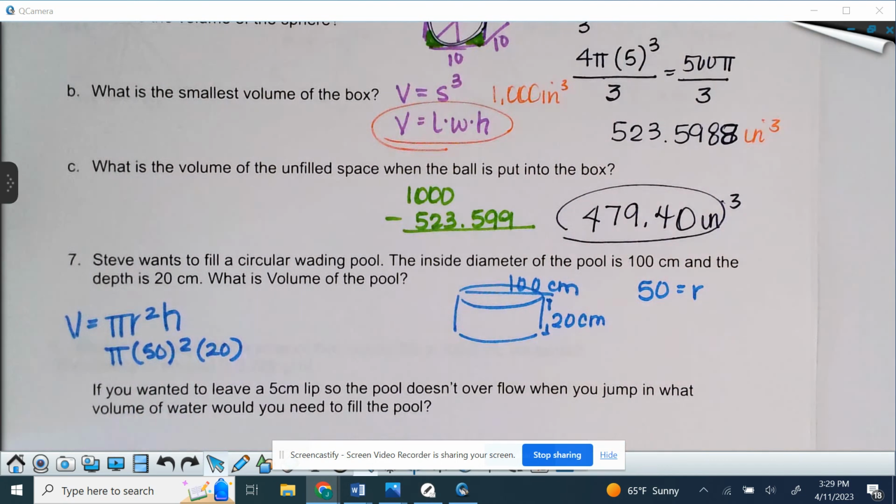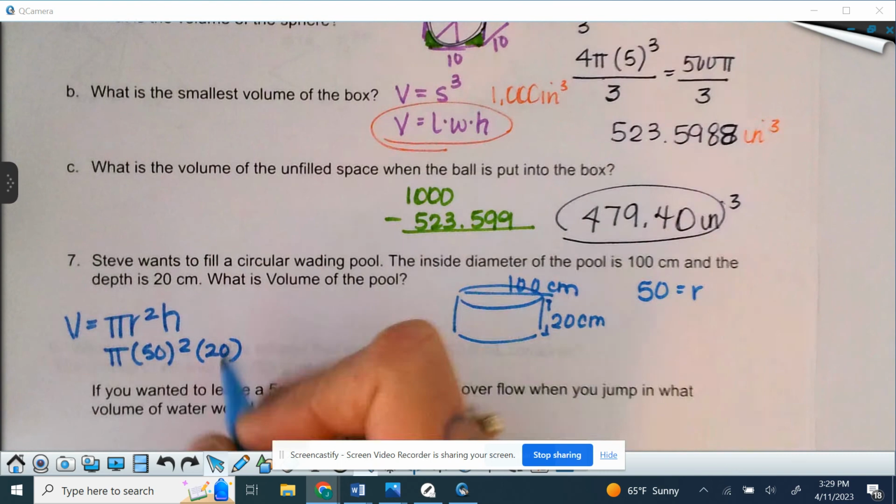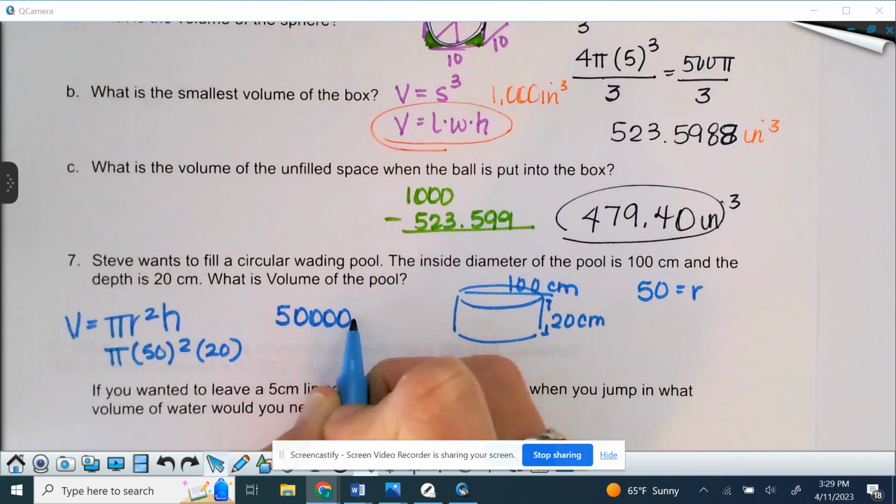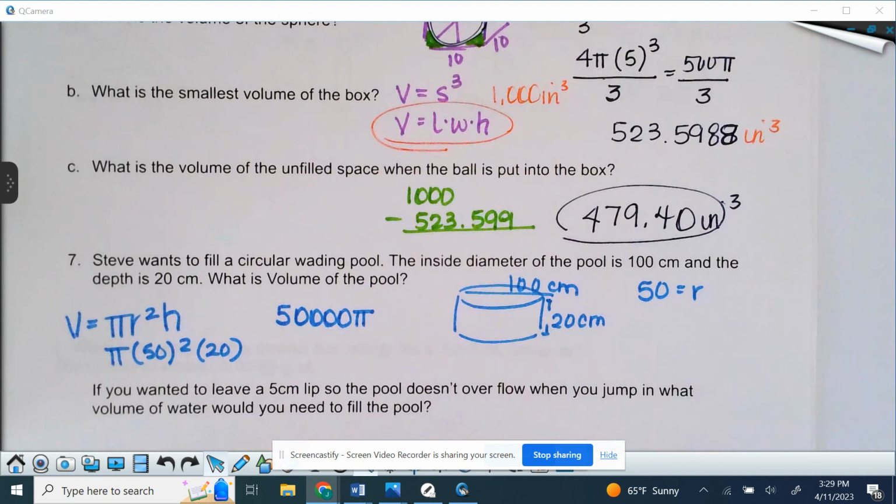So this should be a fairly large number because we have 50 squared, and then we're going to multiply it by 20. So we should get 50,000 pi centimeters cubed.